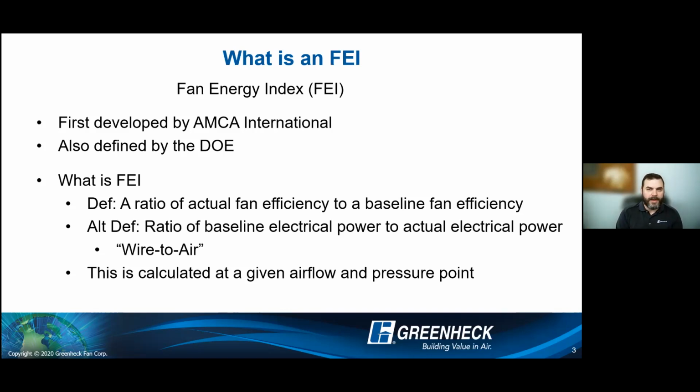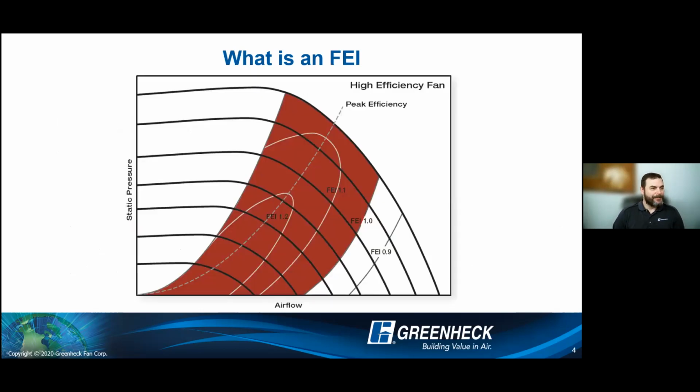So let's look at a graph. This is right from AMCA. Come on, you can do it. All right. And on this graph, typical chart, we are looking at static pressure on the left, airflow across the bottom. This is your fan curve, right?